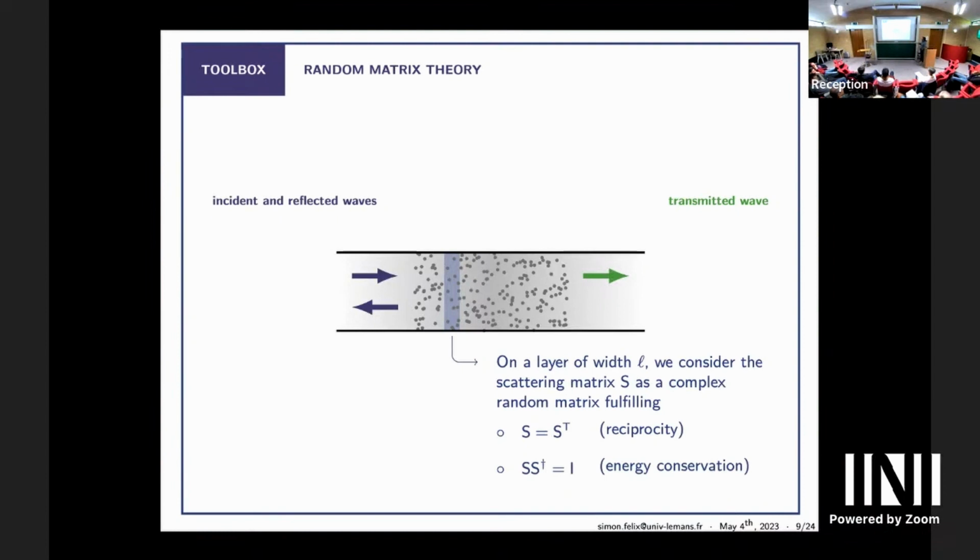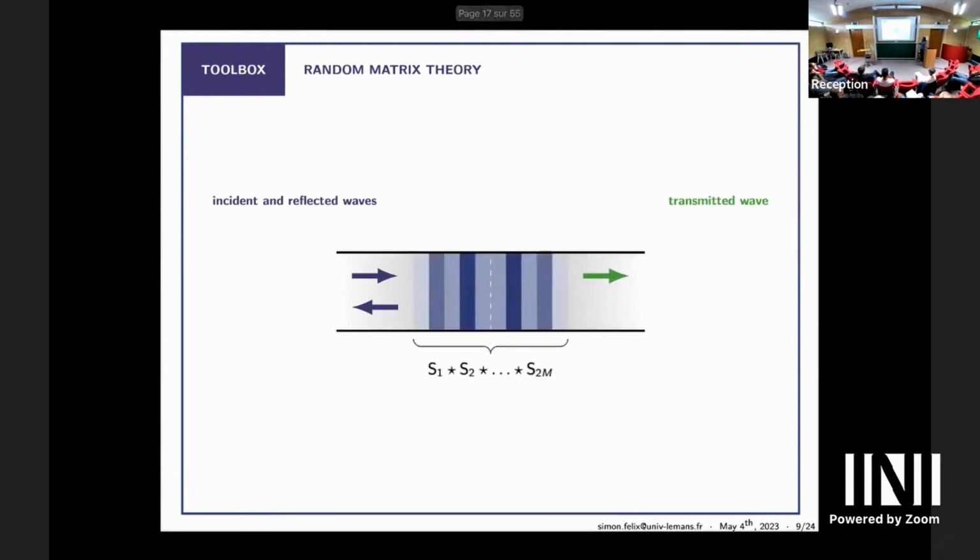Then I can do the same for each slice of width L. And using the Redheffer product, which is not written here, but it's a product allowing to combine scattering matrices, I can have the global scattering matrix of the system. And then from this scattering matrix, I have the transmission matrix, and from the transmission matrix, I have the conductance.